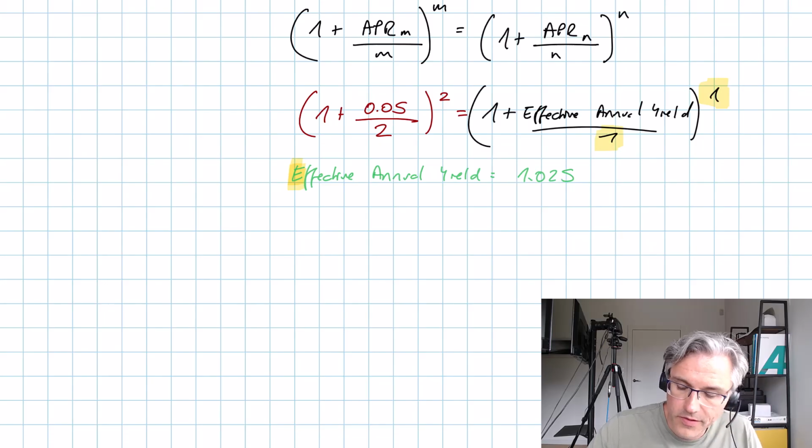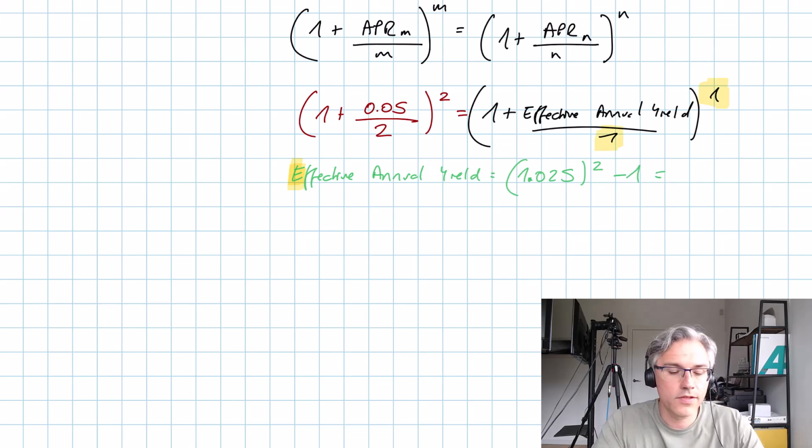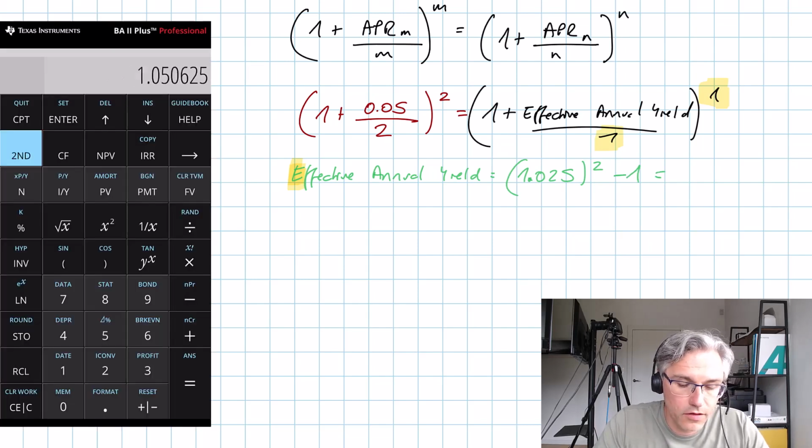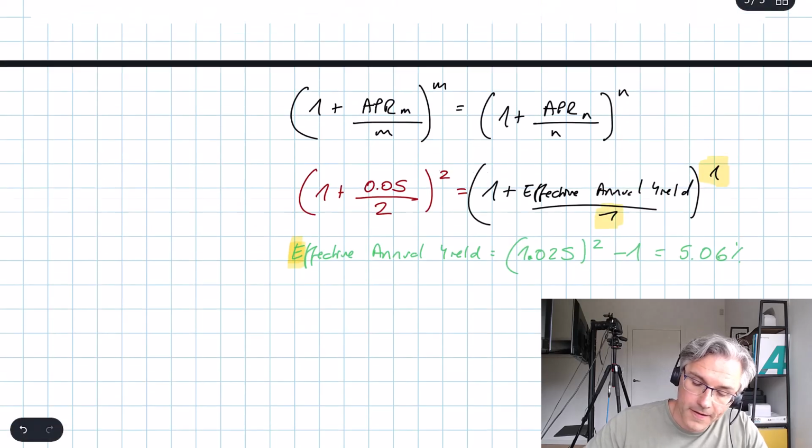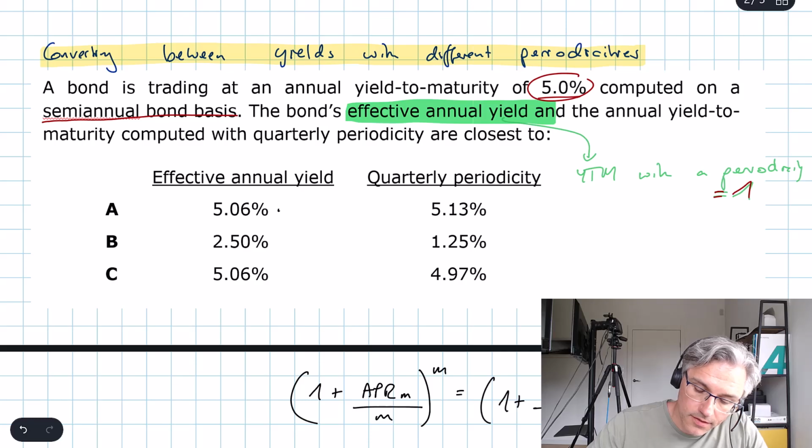I've taken the 5% and divided by 2, to the power of 2, but minus 1. Let's see what that gives. 1.025 squared minus 1. Okay, that's 5.06%. Good. Nice. That's the correct answer.